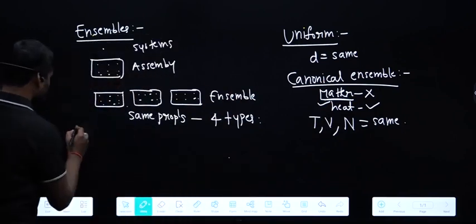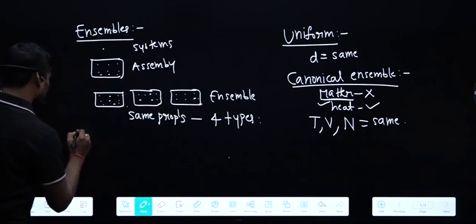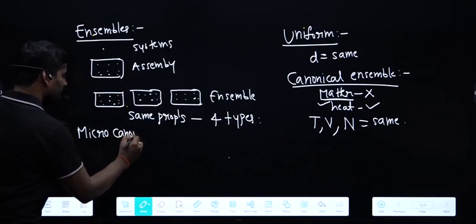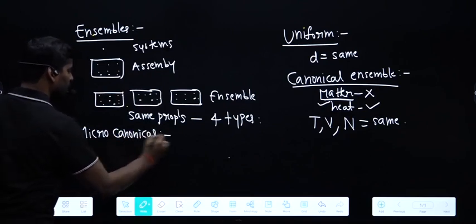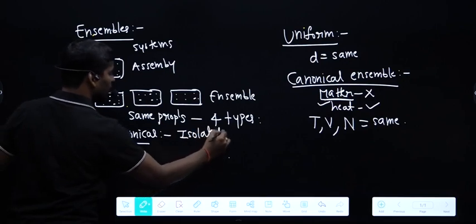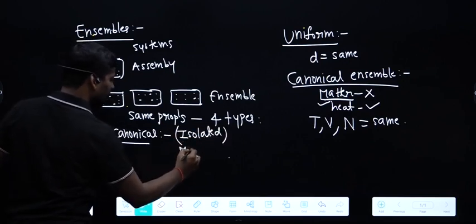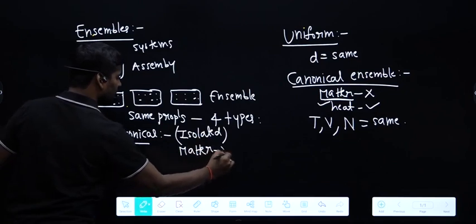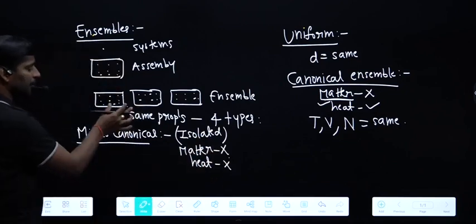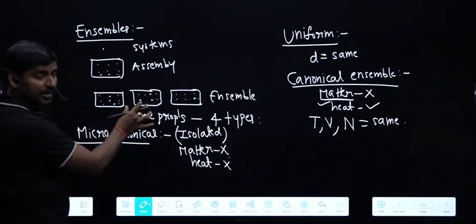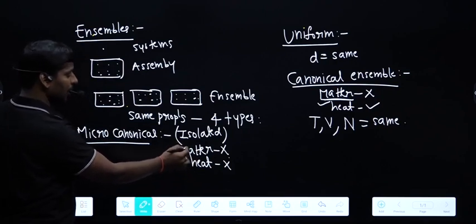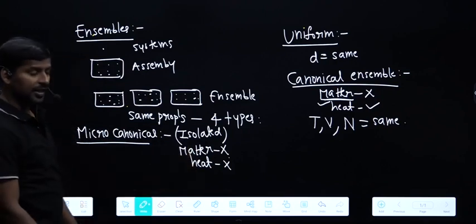Next one, microcanonical ensemble. This is similar to an isolated system in thermodynamics, and we know in an isolated system there is no exchange of matter and no exchange of heat. That means each assembly is separated from the adjacent assembly by an impermeable and non-conducting wall.